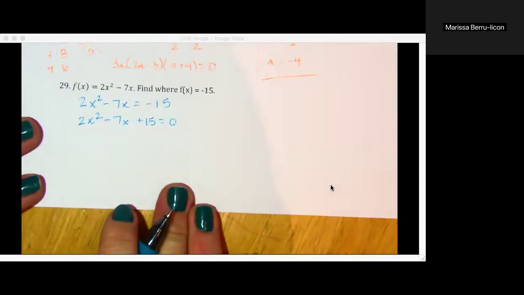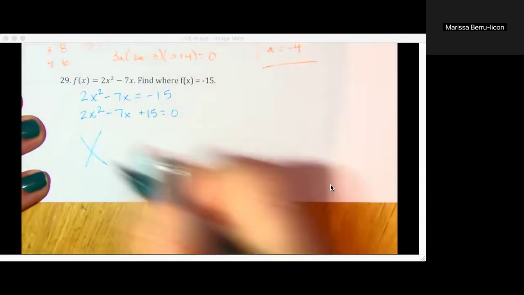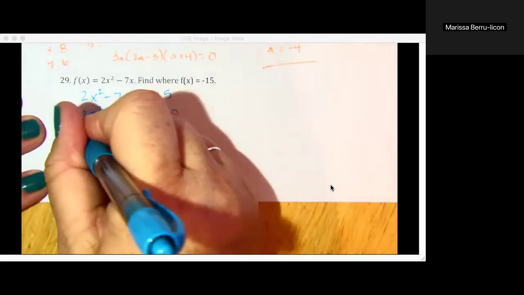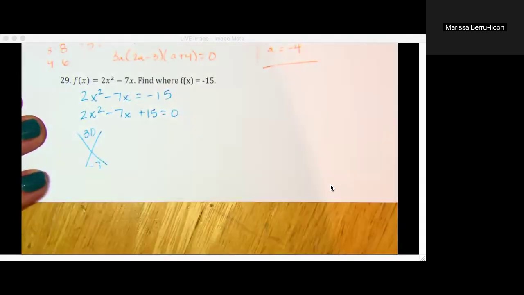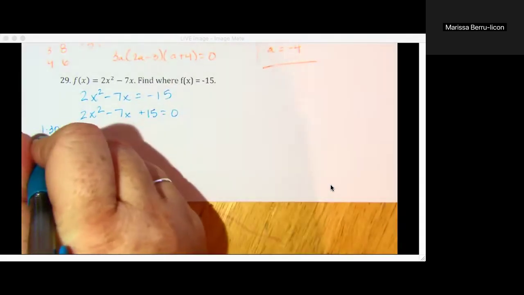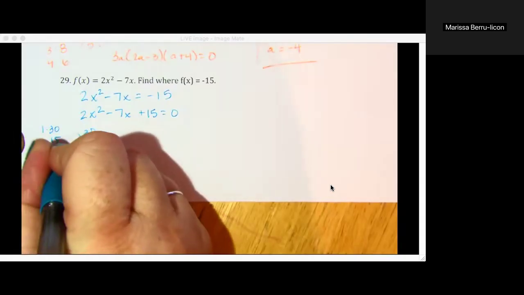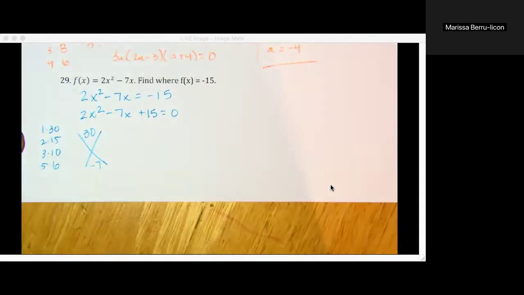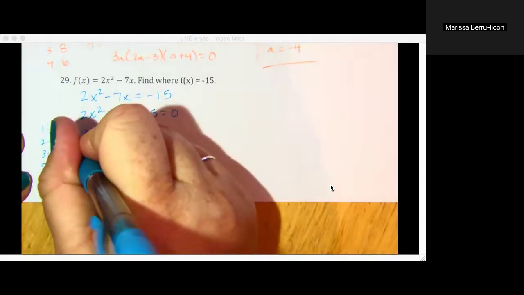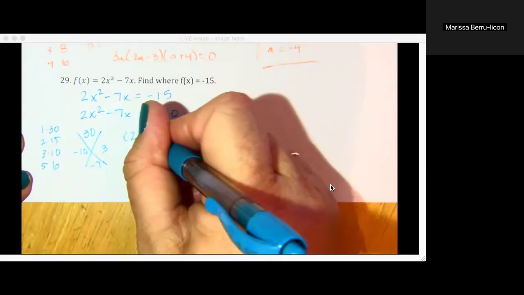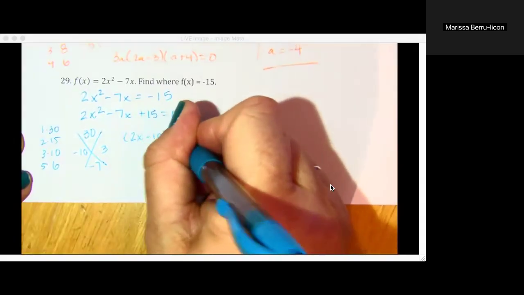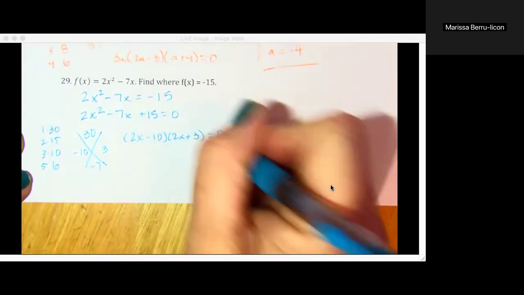There's no GCF, so I can jump straight into the x method. 2 times 15 is 30, and then I have negative 7. 1 times 30, 2 times 15, 3 times 10, and 5 times 6. So this is going to give me negative 10 and 3. Taking out the trash, 2x minus 10 and 2x plus 3 equals 0.